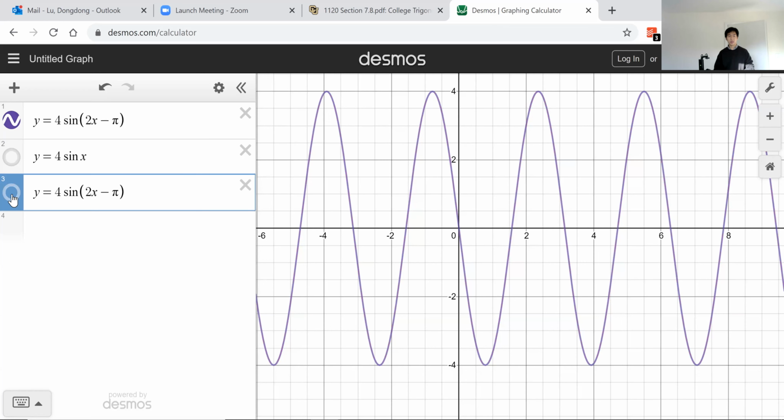On the class notes, you were recommended to factor this out. If you factor 2 outside, what's inside will turn out to be pi over 2, because you're factoring 2 out. So let's see what's the difference if we do not subtract this pi over 2.